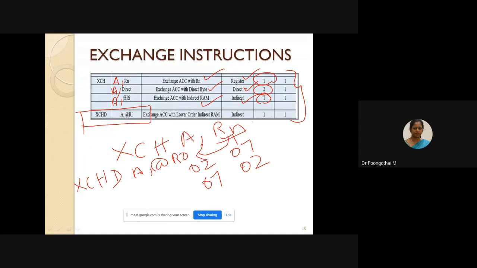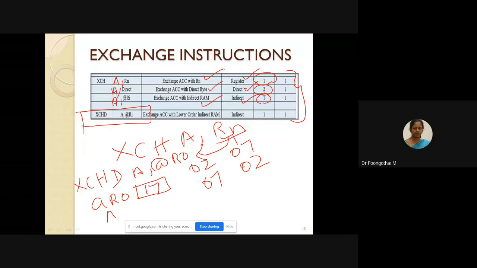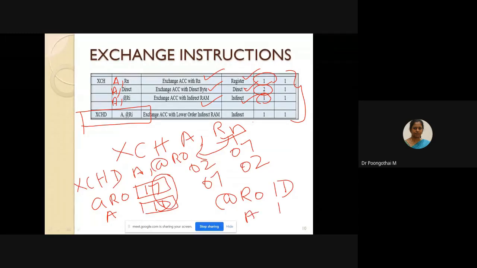For example, at R0 holds 17 and the accumulator holds 1D. After execution, only the LSB content are exchanged with each other. So after execution, at R0 holds 1D and the accumulator holds 17.